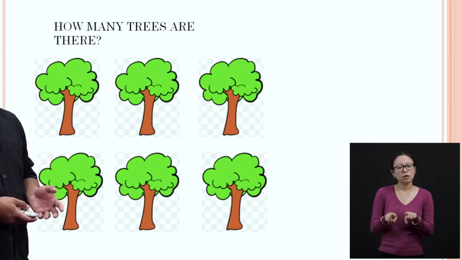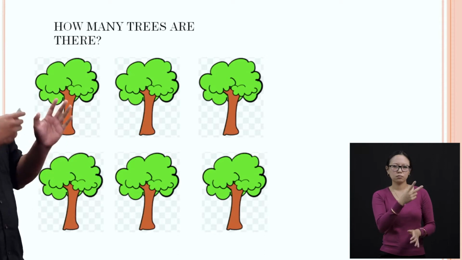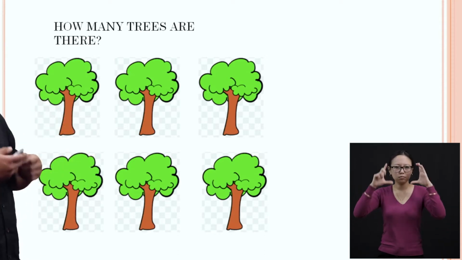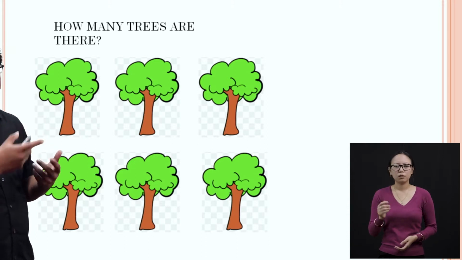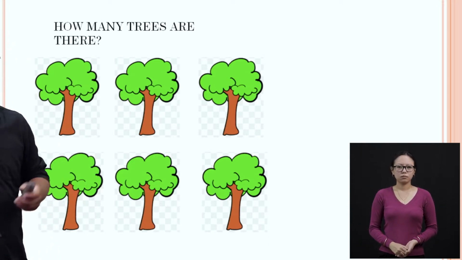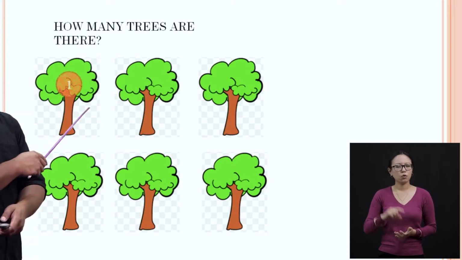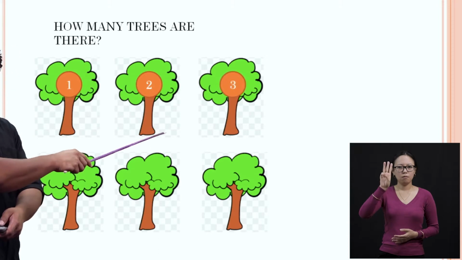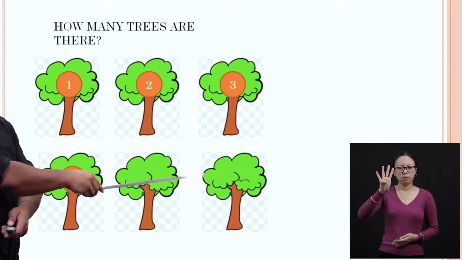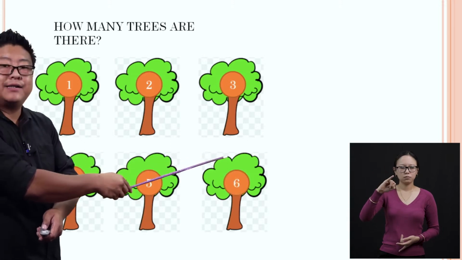Here we have pictures of trees. So the question here is how many trees are there? All right? How many trees? So let's count together again. We will start counting from 1. So 1, 2, 3, 4, 5, and 6.